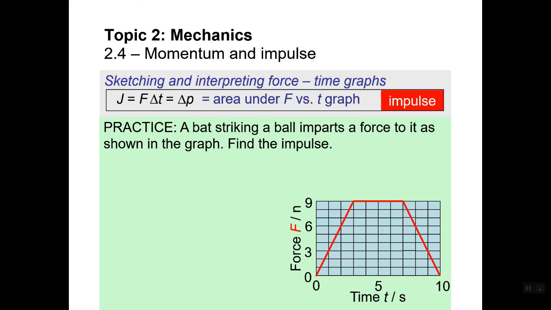A bat striking a ball imparts a force to it as shown in the graph. Find the impulse. Impulse is the area under the force versus time graph. We may use the trapezium formula, but let us use a simpler version. We break the graph down into simpler areas of rectangles and triangles.